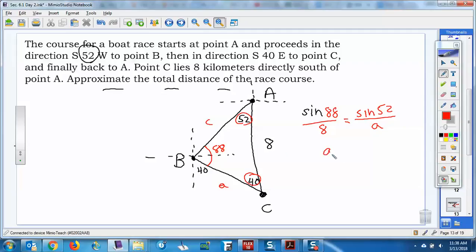Okay, and what do you get for little a? Let's go nearest tenth. 6.3. And then sine of 88 over 8 equals sine of 40 over little c.